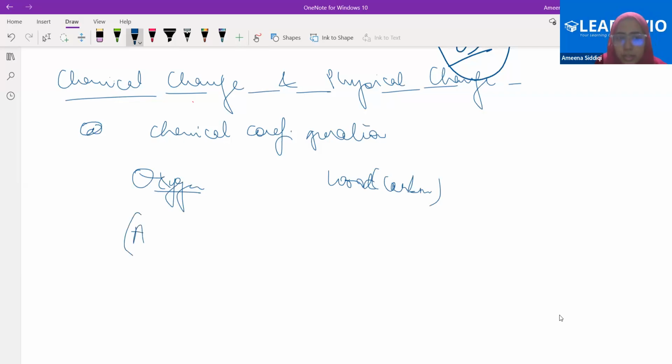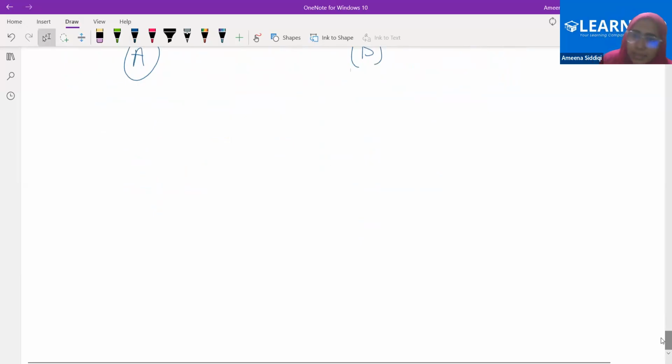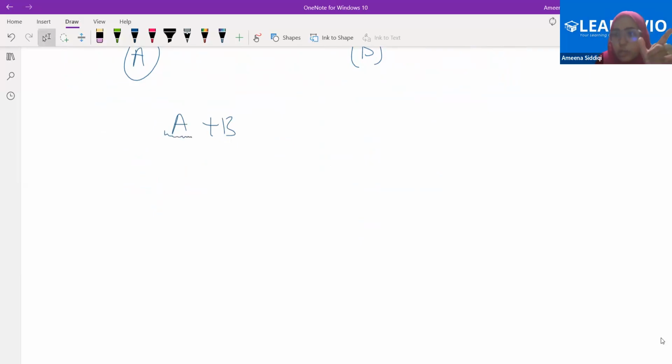I am denoting it using A. The carbon also has a specific kind of electronic configuration or chemical configuration, denoting it using B. Now, what happens when A is actually reacted with B, that is, burning of wood? Some change in the electronic configuration of A takes place, and also some change in the electronic configuration of B takes place, right? And when the change takes place, a new substance is formed because of that change. See, it might have lost something, it gained something.